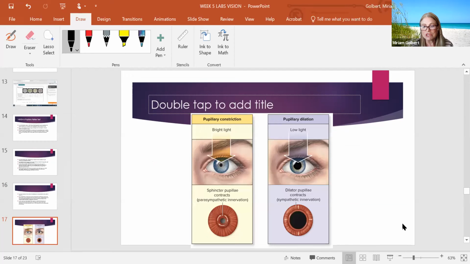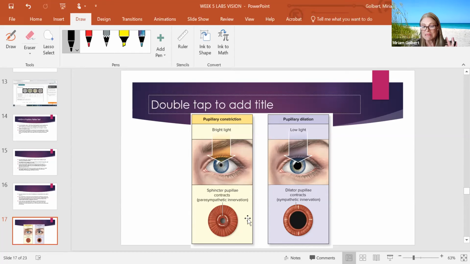So this is a picture of your answers in that simulation. So you can see here how when this eye is being shown with a really bright light, how these little fibers, which we have circular and radial, so the radial are the ones going out like that and circular are around, you can see that the pupil is constricting and is becoming smaller.